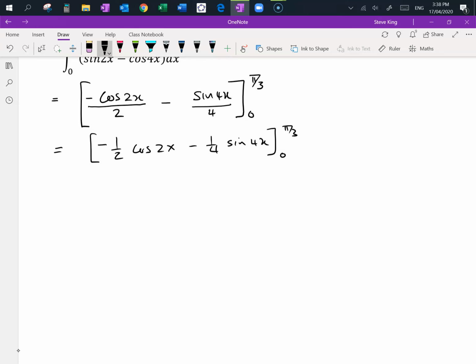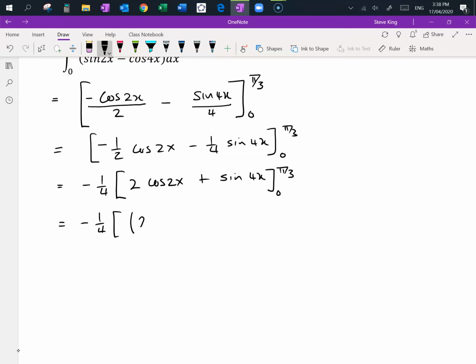Now my reason for doing this is that I want to take out the fraction minus a quarter so that I can work without having to deal with fractions. That means I'm going to have 2 cos 2x plus sine of 4x, and that's going to be between 0 and pi over 3. So now I just have to substitute in.